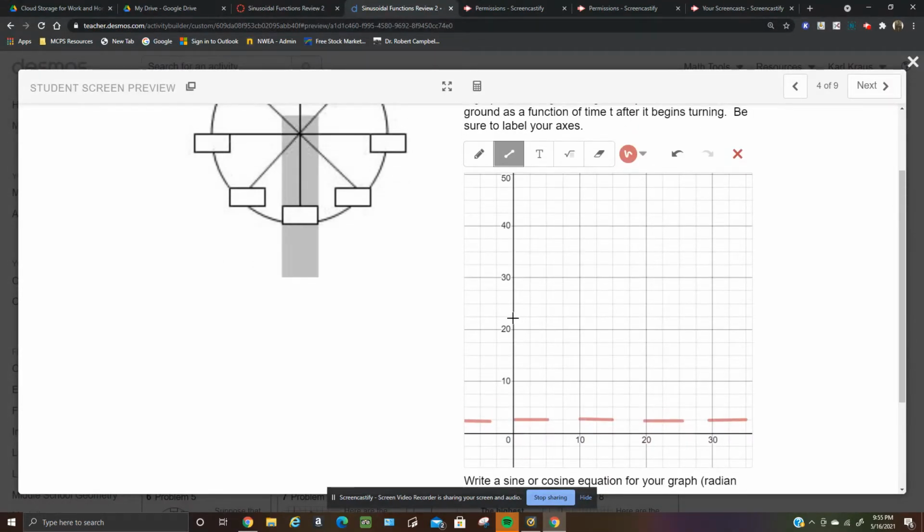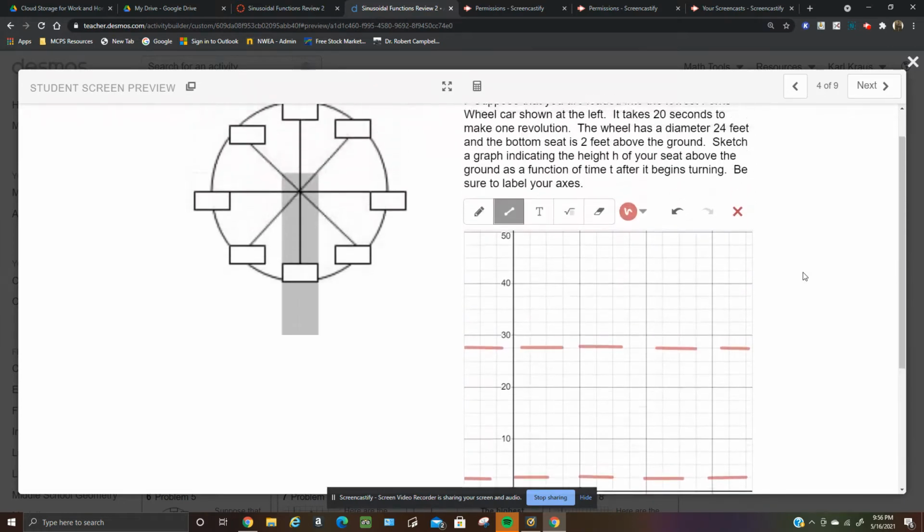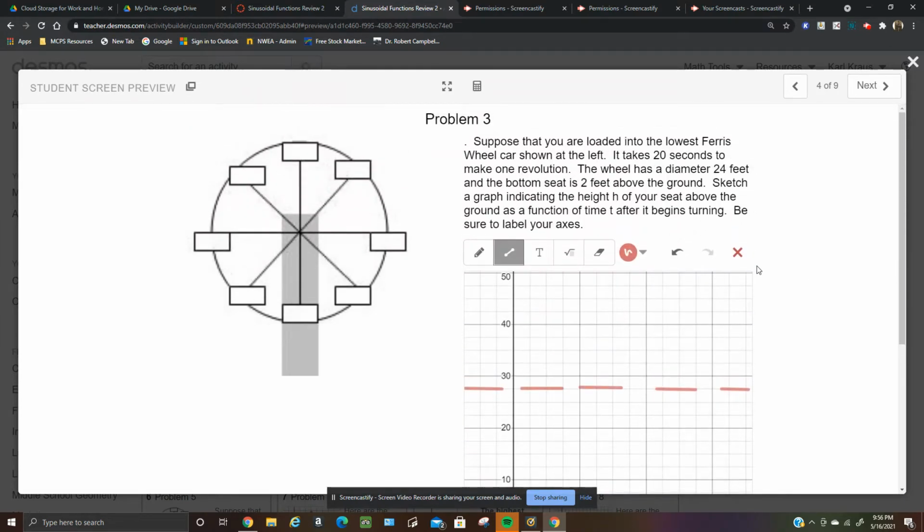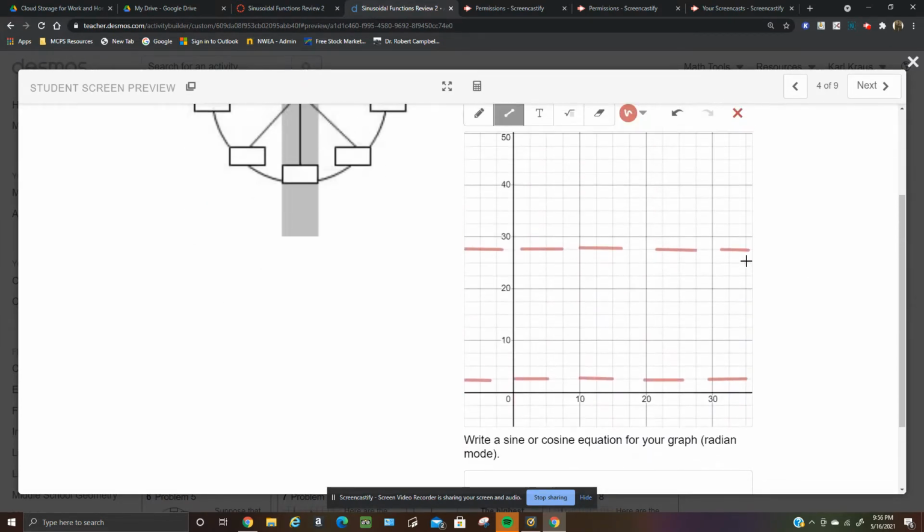My maximum would be at 26. And then halfway between 26 and 2, add those together, get 28 divided by 2 would be 14.